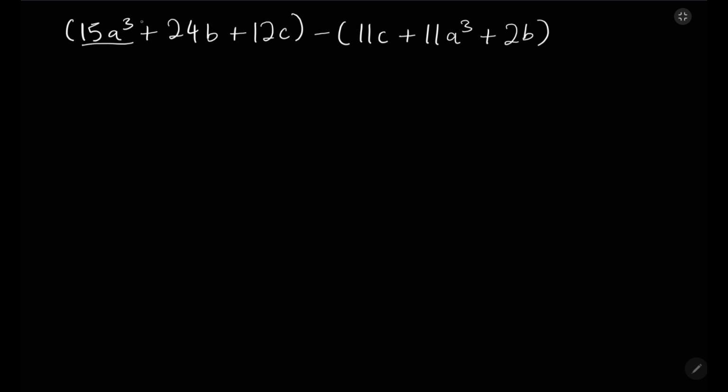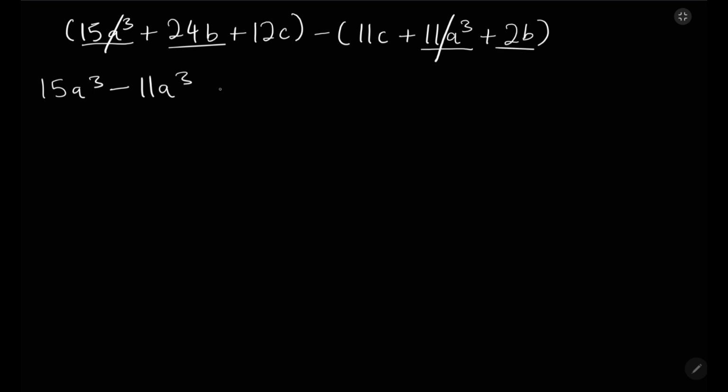15a to the power 3. Do we have a to the power 3? Let's check. 11c, that's not a like term. A to the power 3, that is a like term. So we'll say 15a to the power 3 minus 11a to the power 3, because it's positive. Okay, so we're done with that. We're left with 24b. Do we have b? Let's check. 11c and 2b. Yes, we have a b there.